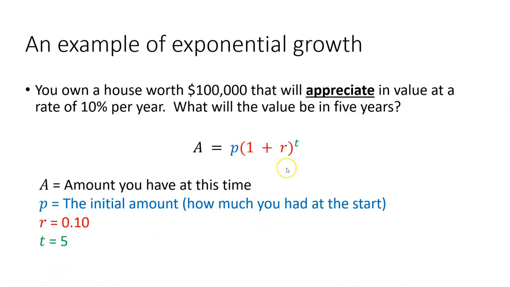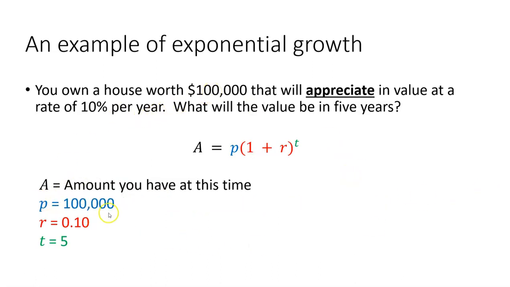The rate of change is 10%. As a decimal, that's 0.10. The starting amount, the initial amount, P, principal, was $100,000. So that's going to go in the P spot. And the amount we have at this time in 5 years, I don't know what that is. That's what we want to find out. So now we can take all these values and fill them in.